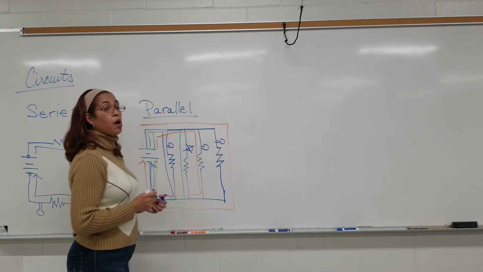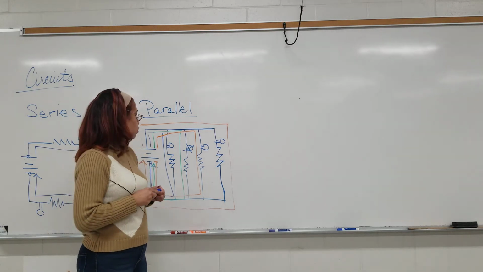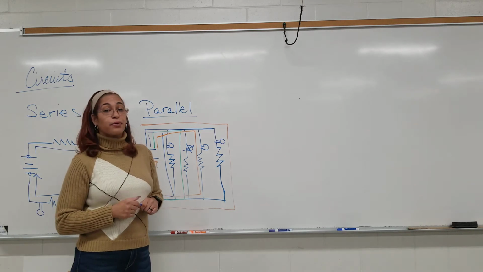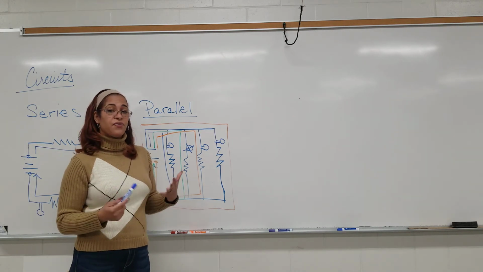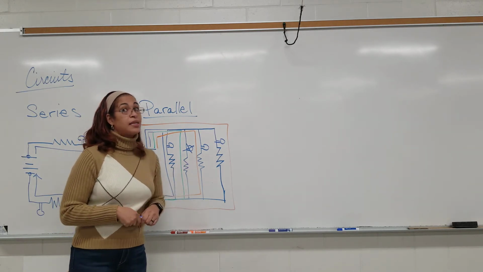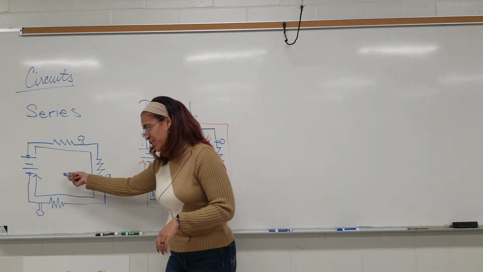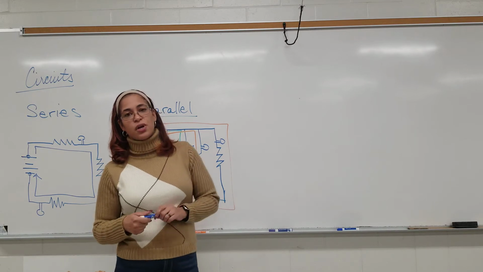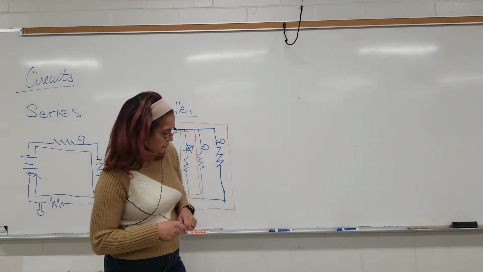So the only bulb that will not turn on will be the one that's broken. Okay, it made it a lot easier for those of us buying Christmas lights because it allows us to identify and replace a broken bulb, as opposed to when they used to be in a series circuit where the entire string would go out and we would have to try to hunt and figure out which light was broken.